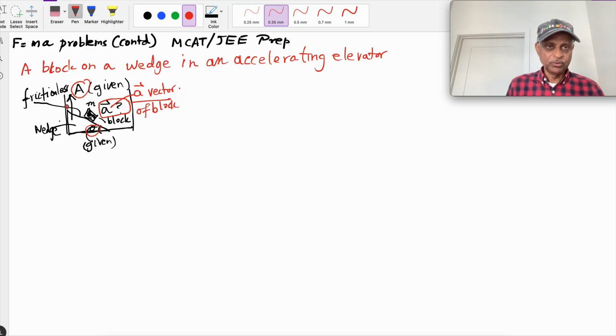For the wedge, we already know that if the elevator is going up, the acceleration of the wedge is also up.